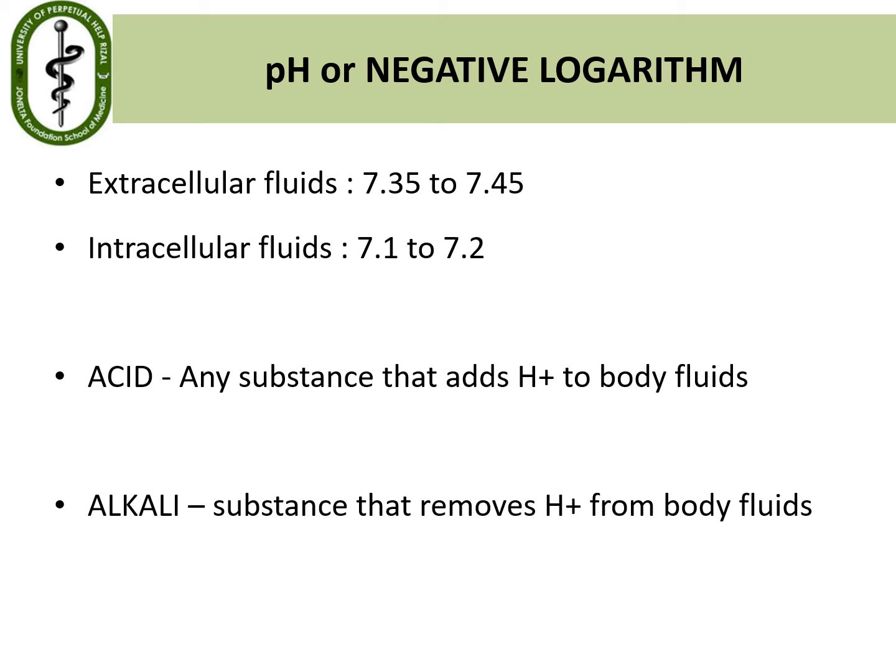Always remember that any substance that adds hydrogen to the body fluids is called an acid, and alkali is any substance that removes hydrogen from the body fluids. Generally, the concentration of hydrogen in the body fluid is low in comparison with other ions.